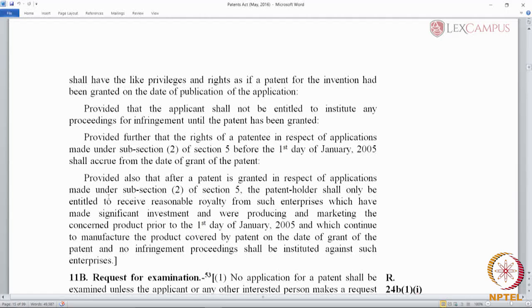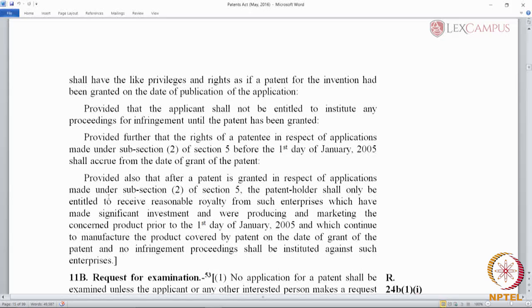So, using the transition period, India brought about a series of amendments, the first in 1999, the second in 2002 and the final one in 2005, and it was with the 2005 amendment we brought the full mechanism for granting product patents for pharmaceuticals. But though the applications could only be examined post 2005, we had made an arrangement to receive these applications.